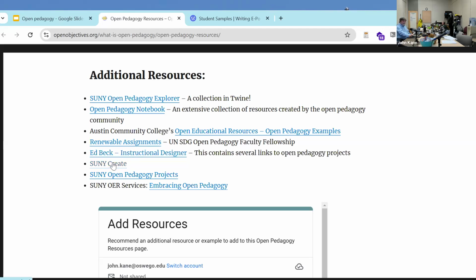There is a SUNY Create system, which Oswego is one of the people who put together an IITG grant to have access to Reclaim Hosting services, basically to reclaim hosting sites, and we lost that.